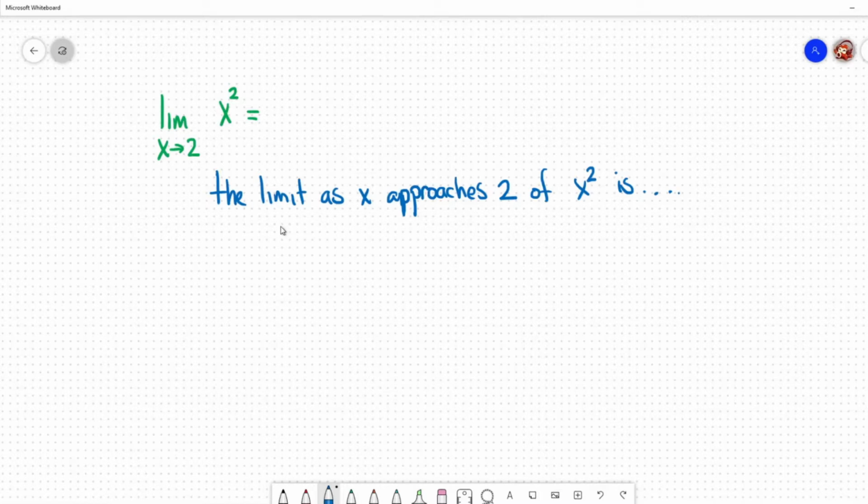So the key word, and this is the concept, a limit is what our function approaches. Okay?